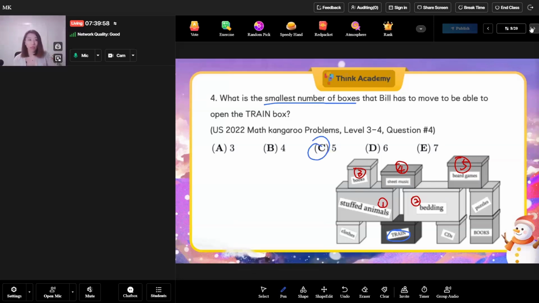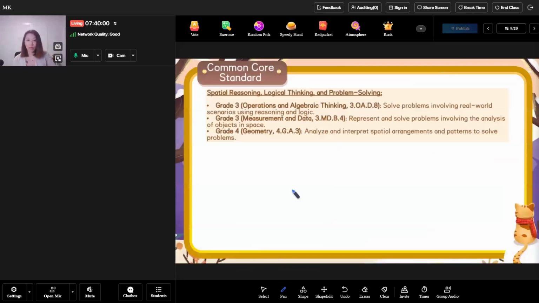Okay, what do you think about this question, everyone? So this question tests the student's spatial reasoning, logical thinking, problem-solving skill. And at school, I believe in third grade and fourth grade, some schools teach solving problems involving real-world scenarios using reasoning and logic.